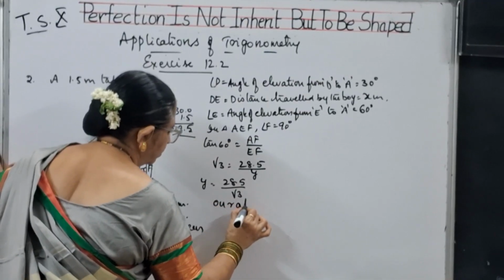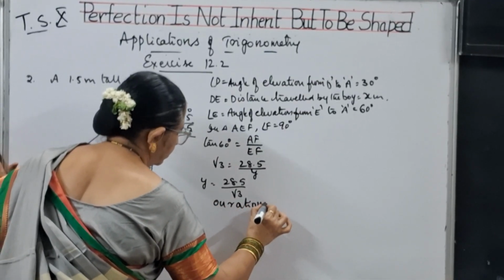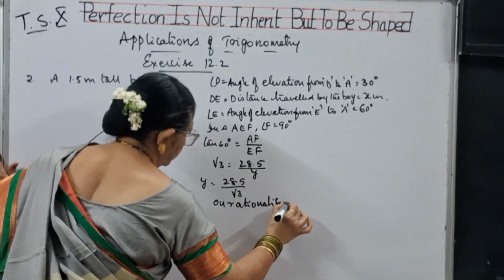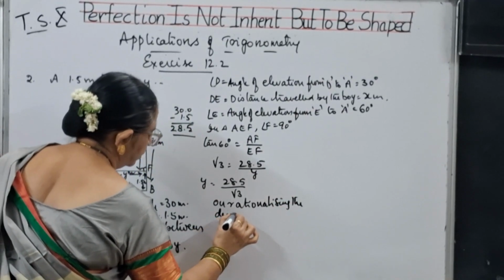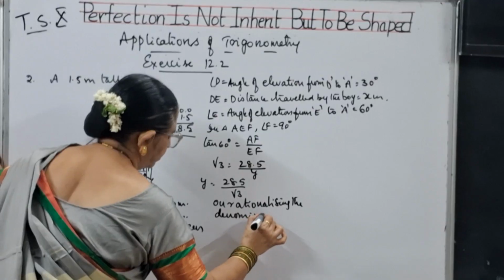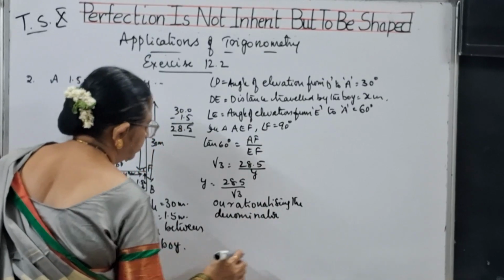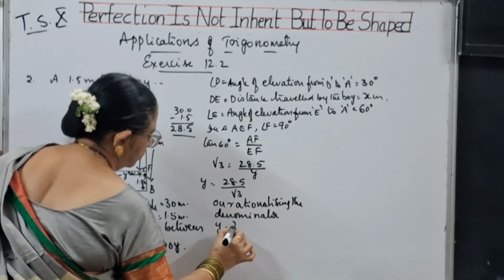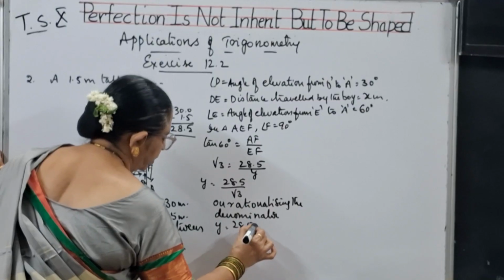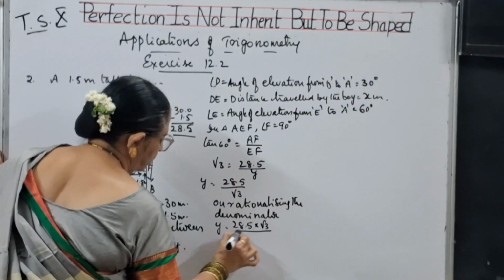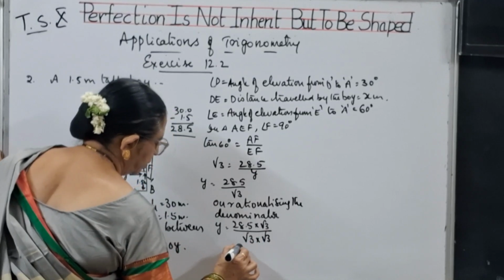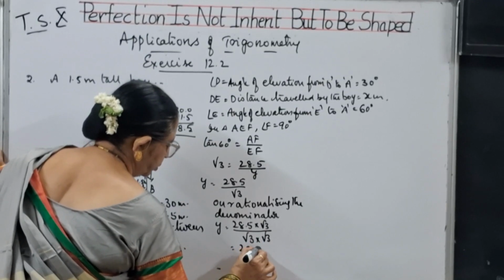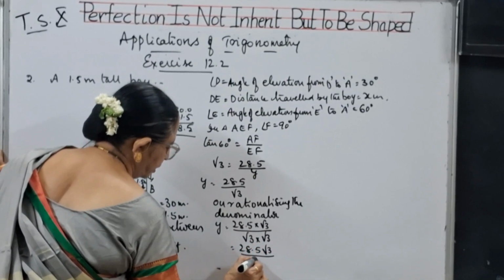y is equal to 28.5 by root 3. On rationalizing the denominator, y is equal to 28.5 into root 3 by root 3 into root 3, that is equal to 28.5 root 3 by 3.